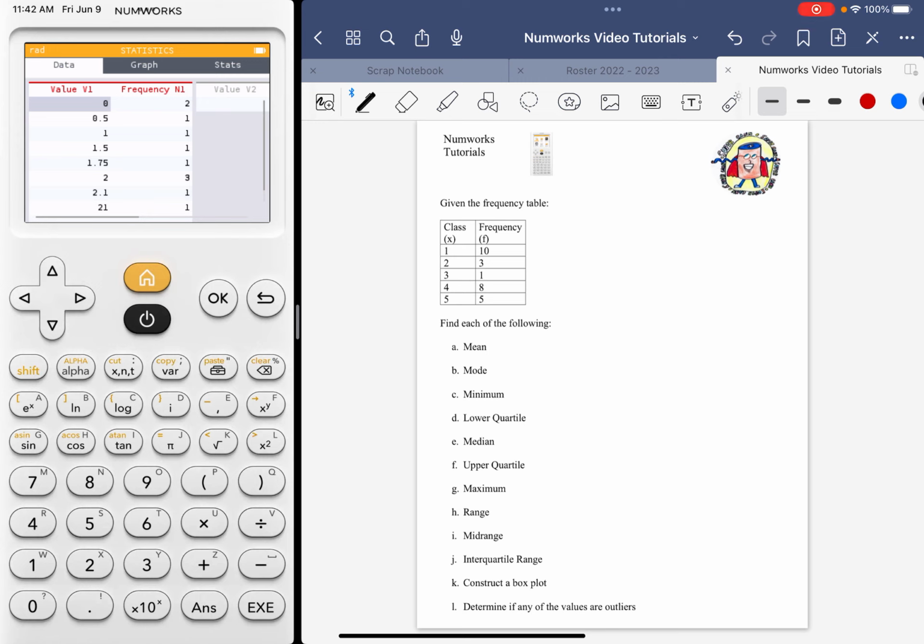All right. Now this app that I'm using, if you're using the desktop version of it, on your computer, it allows you to save your sessions. So if you use the app online but on a computer, you can save the work that you did previously.